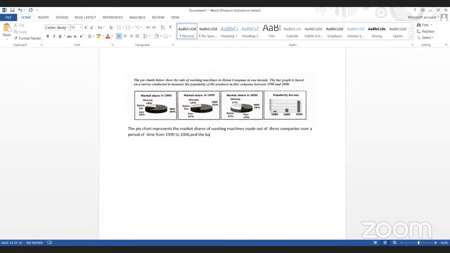The chart depicts the customer feedbacks during those selected time period.